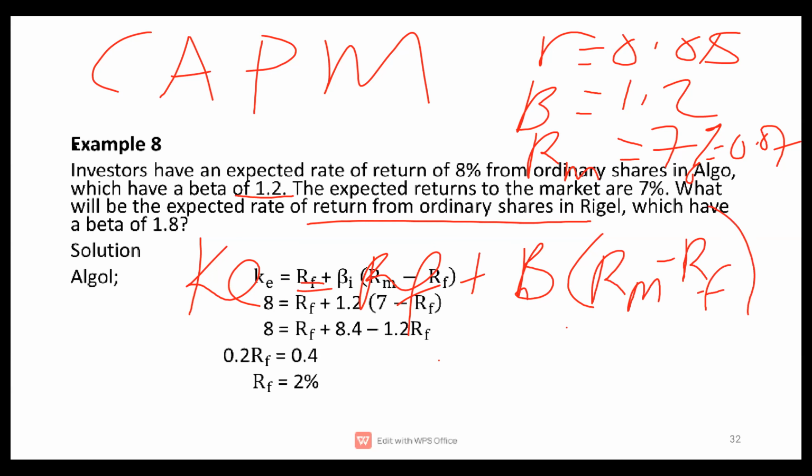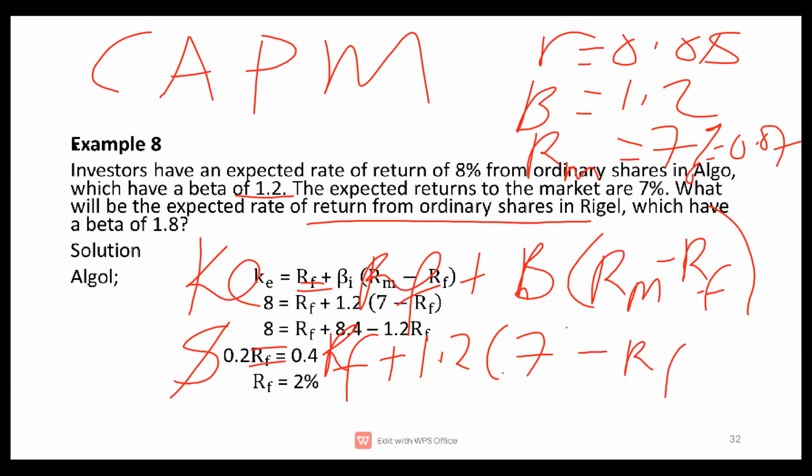So we are given the rate of return from the ordinary shares, which is the cost of equity, as 8%. So you get 8% equal to the risk-free rate that you don't have, plus the beta 1.2 times the return from the market, which is 7%, minus the risk-free rate.